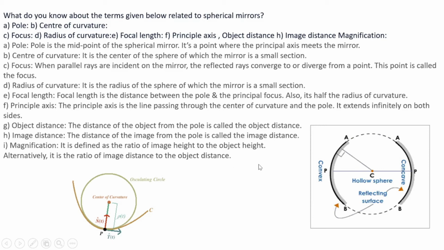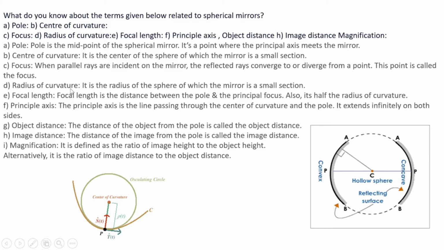Whereas in a concave mirror they converge. The rays meet between P and C, the pole and the center of curvature. If all rays converge here, this point becomes F, the focus.